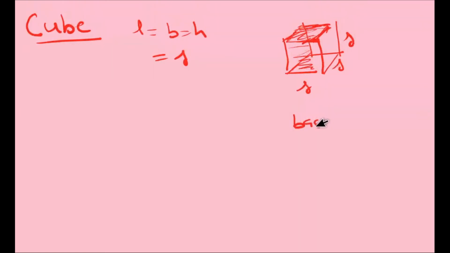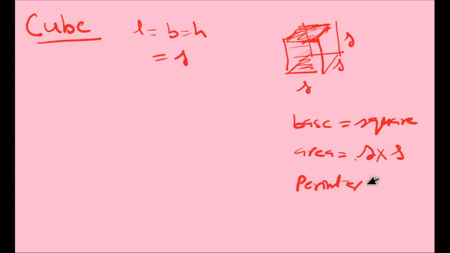Base is here square, area equal to side into side, and perimeter of square is 4 into side.